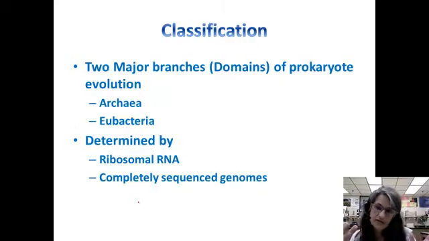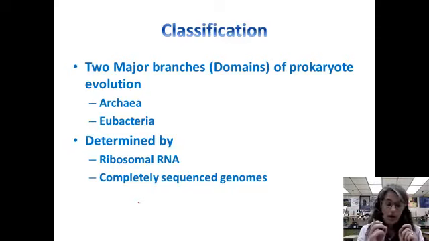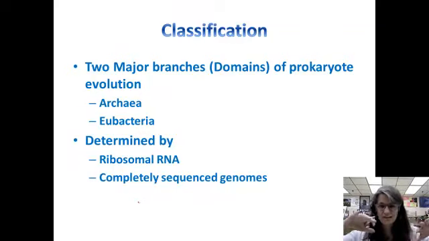When we classify prokaryotes, there are 2 major branches of prokaryotes, and with bacteria, they all look the same to us, but fundamentally these 2 branches are so different from each other that the level of kingdom was not broad enough to distinguish them.